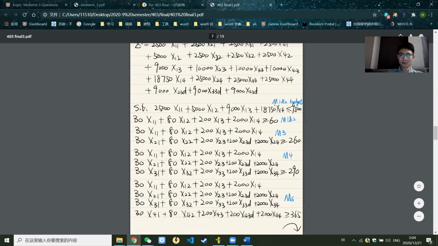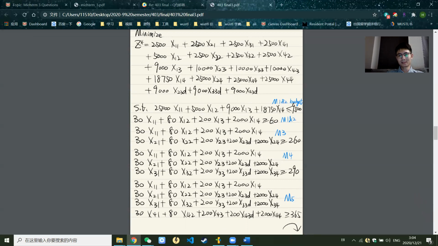The first one is the month 1 and 2 budget, and these are for each month. We need to satisfy the needs. In the first month, we need to satisfy 60 people.